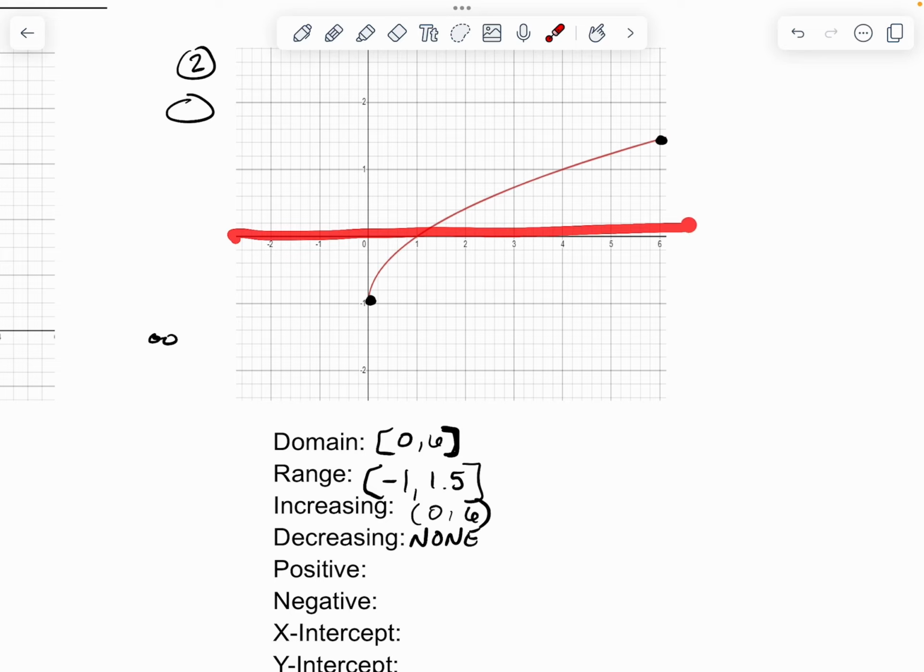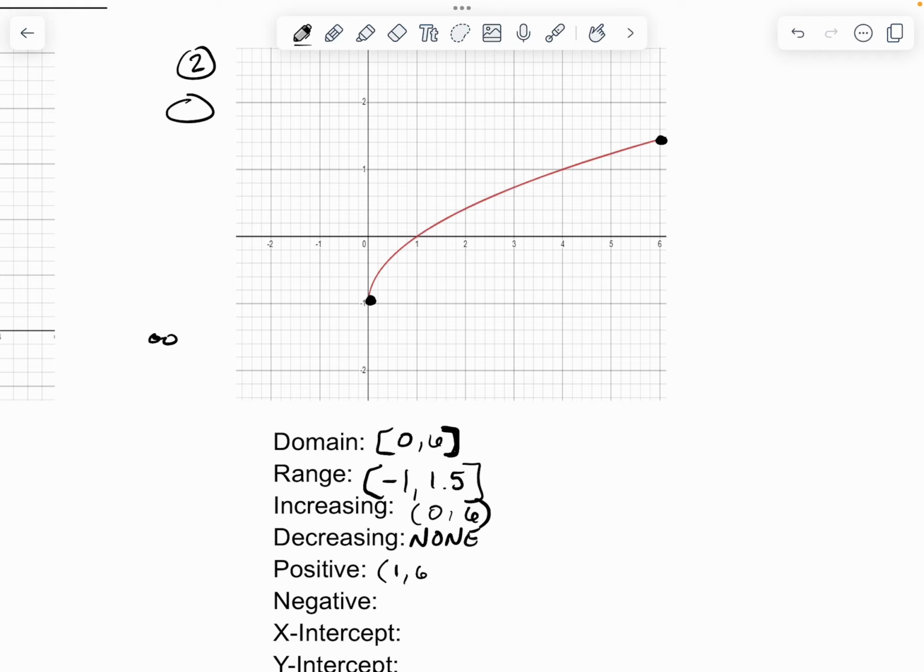So again, start with a positive. When is it above the x-axis? Well, at x equals 1, that is kind of where everything happens. That's when y is equal to 0. After x equals 1, it goes above that x-axis. So it's positive.